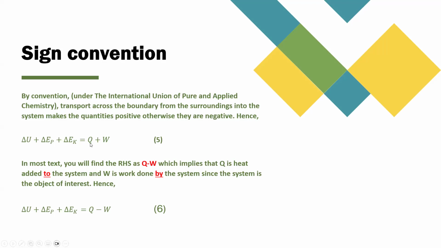Equation 5, right-hand side says that heat is added to the system and work is added to the system, so it means work is done to the system. But equation 6 says heat is added to the system and the amount of work done by the system is W.